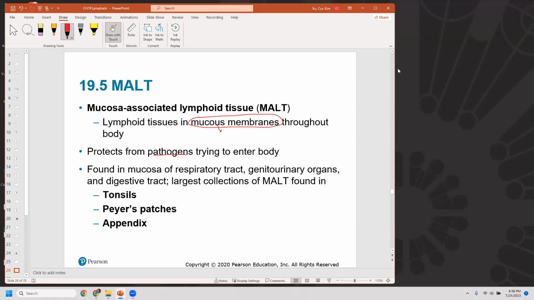How many of you have heard of adenoids? Okay, so that's the one that tends to be removed. Okay, but that's an example of how you find these lymphatic tissues along the mucous membranes. So they're found throughout your whole lining, but in particular, your tonsils, Peyer's patch, and appendix. So we're gonna go through each one.